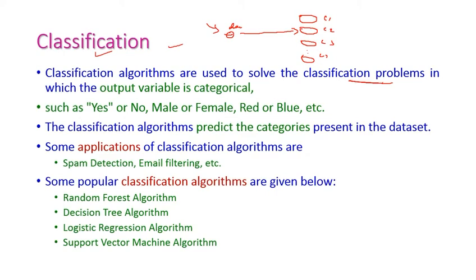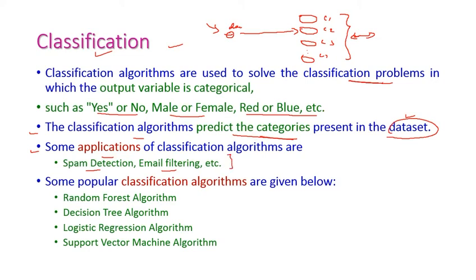The classes may be either yes or no, male or female, red, blue or green, etc. That is, only a defined, finite set of classes are there. There is no linearity here, and these algorithms are used to predict the categories present in the data set. Some applications of classification problems are spam detection, email filtering and so on.